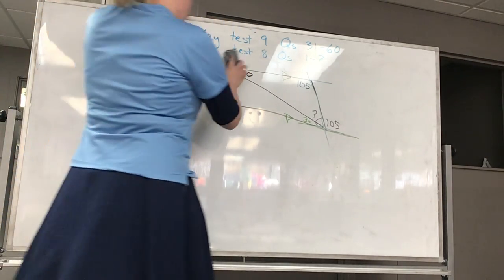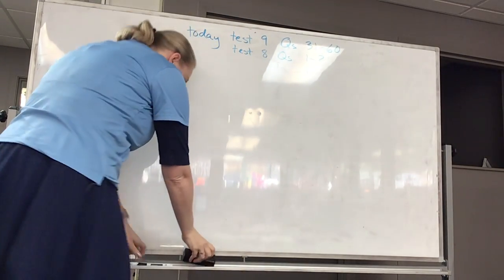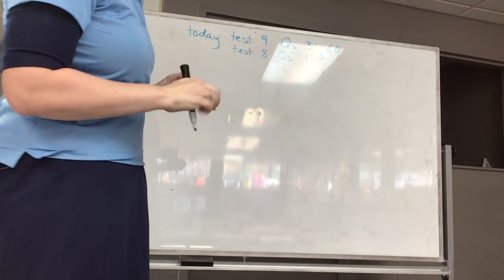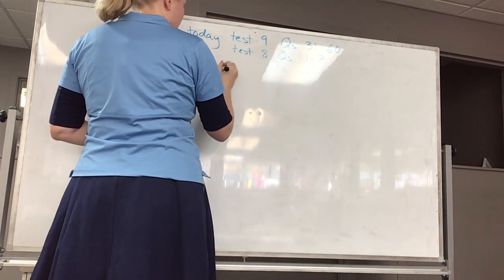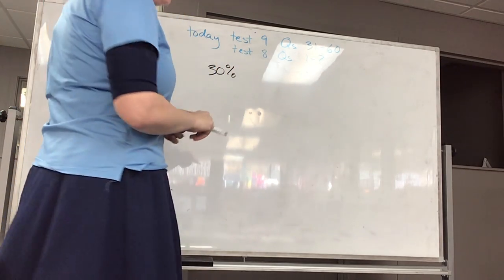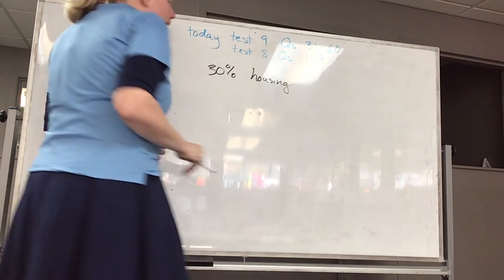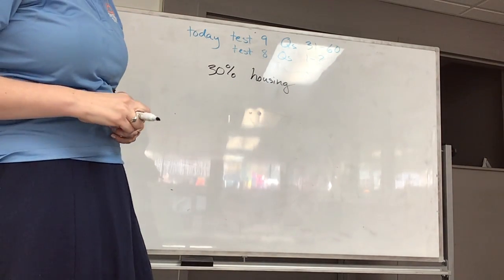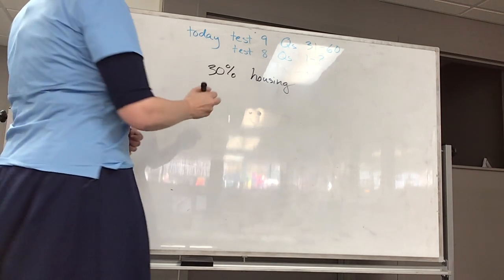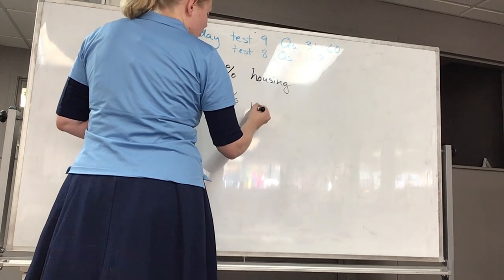So, we are told that in a budget, 30% goes towards housing costs, and of that, 20% goes to rent.